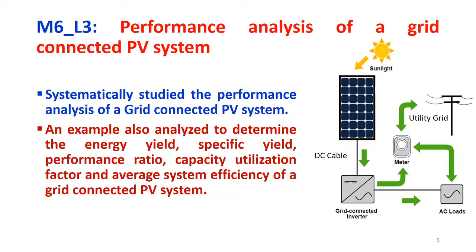Also you can see in this figure the different components: we have PV modules, then DC cables, then grid connected inverters, then AC cables, then AC load, then it goes to the meter, and finally we can provide energy to the grid. So if we have a net metering system, we can take energy from the grid as well.